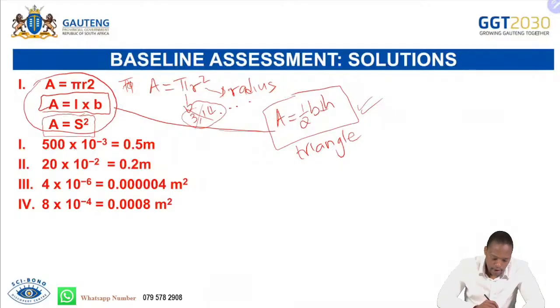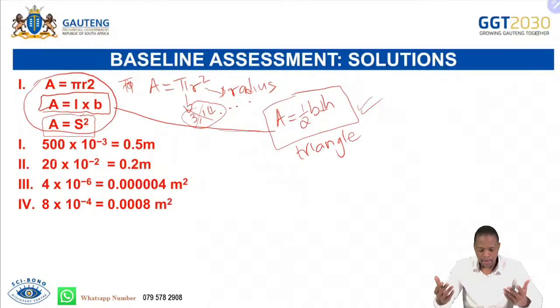Right. The next question was asking you to convert 500 millimeters to meters. How I convert, from grade 10, is that I always do multiplication whenever I convert. I don't convert by sometimes multiplying and sometimes dividing. I always multiply by 10 to the power of something, whether it is -3 or -2.